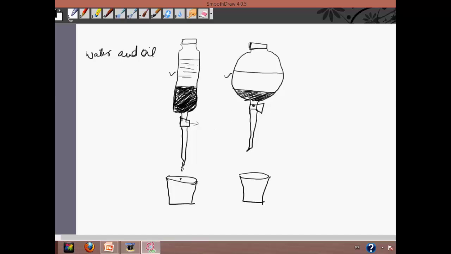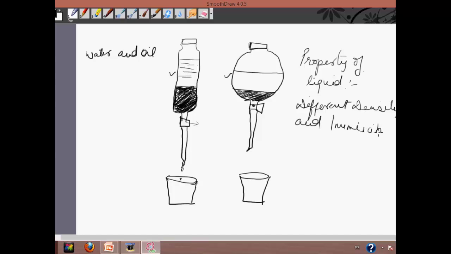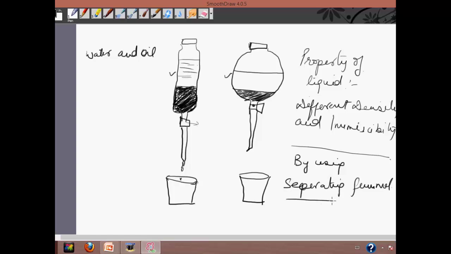As the name implies, we separate these liquids by a separating funnel using the property of different density and immiscibility. So using a separating funnel we can separate a mixture of two immiscible liquids.